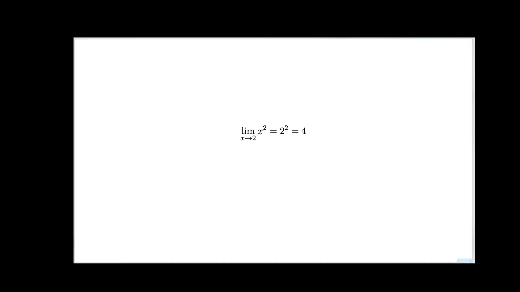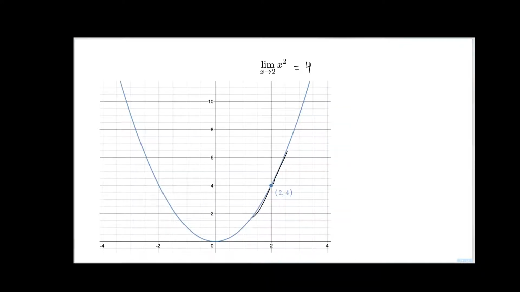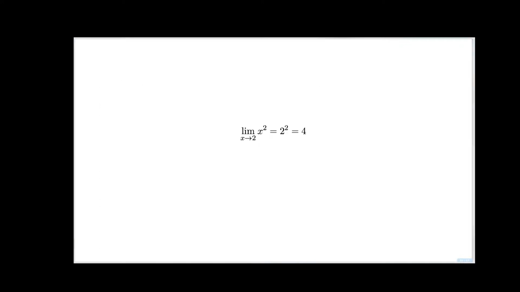So in this example, we were able to investigate this limit numerically, graphically, and algebraically by investigating what happens to the values of x squared as x gets closer to 2. Now in our next problem, we'll look at a situation where we can't simply plug in and see what happens to the values of our function.